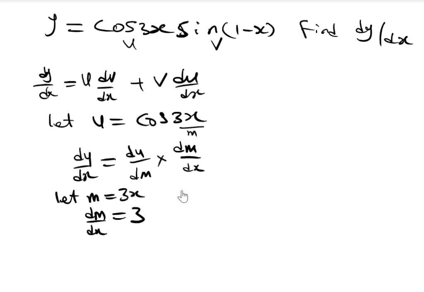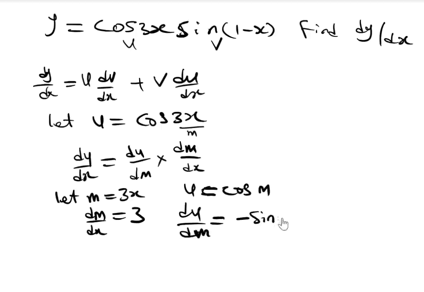And our original u, cos 3x, will be u is equal to cos m. Then du/dm is equal to minus sine m, which is the same thing as minus sine 3x.